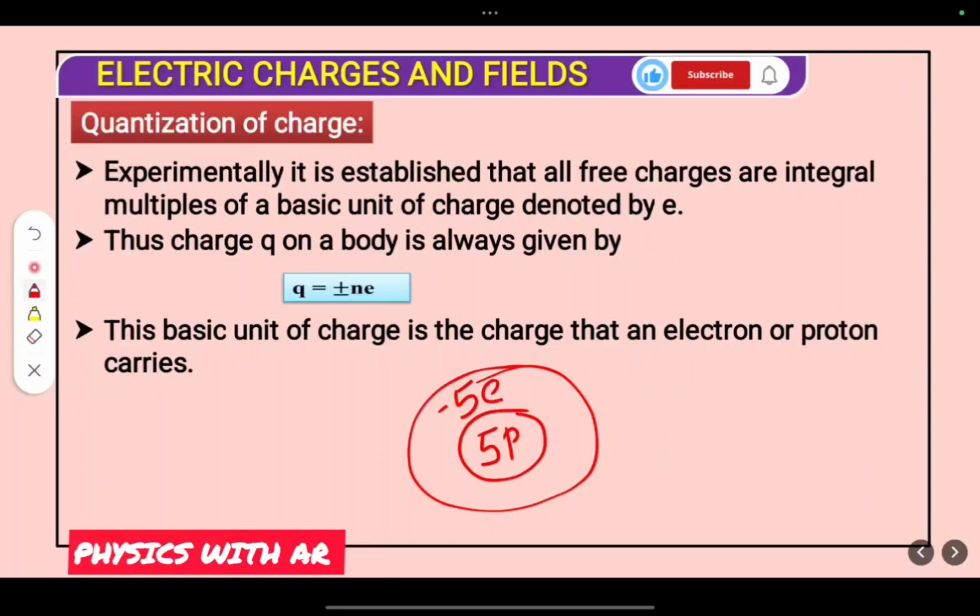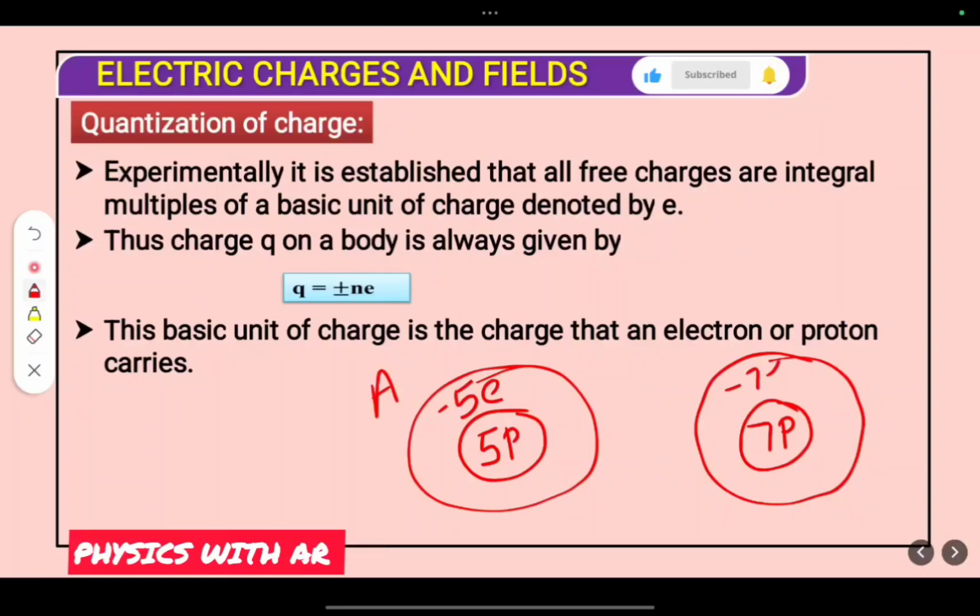And one more body with 7 protons and 7 electrons. So as not to get confused, I'm showing the proton as positive and the electron as negative.